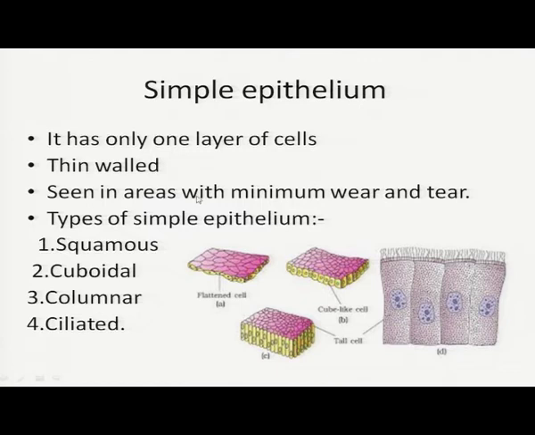Why are these types of tissues seen in areas with minimum wear and tear? Again, the answer is here. It has only one layer of cells, moreover it is thin walled also. So, it is seen in areas with minimum wear and tear. Now, what are the different types of simple epithelial tissues?